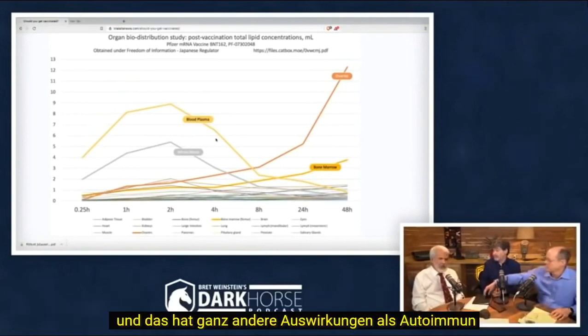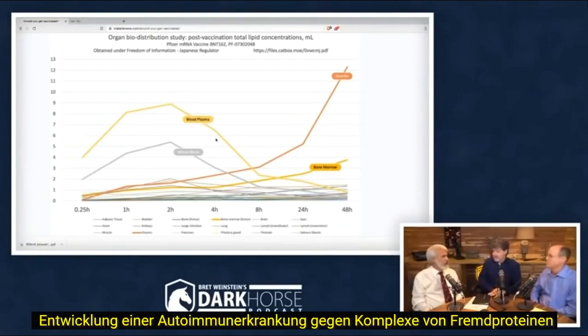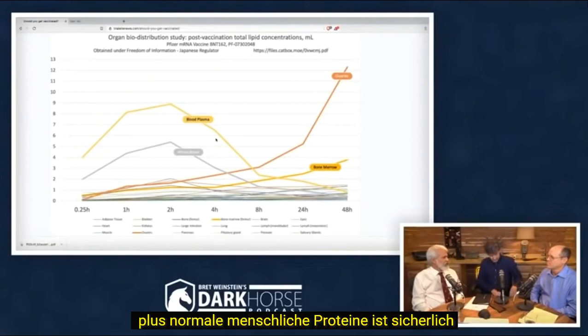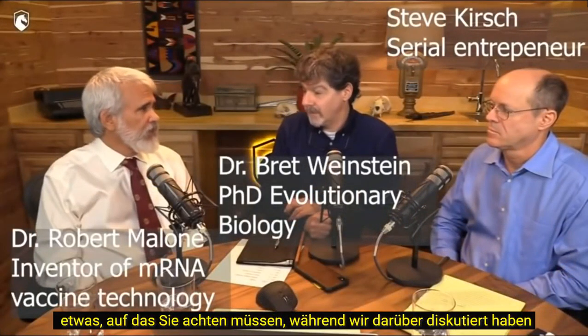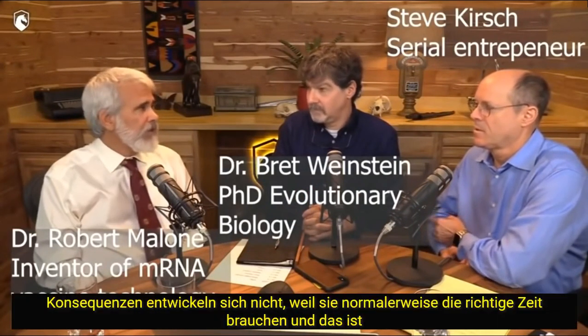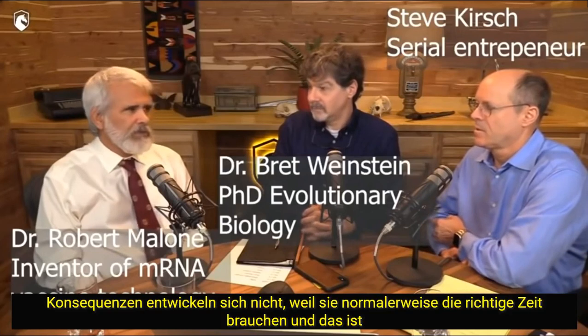And that has a whole other set of implications. Development of autoimmune disease against complexes of foreign protein plus normal human proteins is certainly something that you'd have to monitor for. That's part of the reason why you typically want a 2 to 3 year follow-up period on the initial group of phase 3 patients to make sure that autoimmune consequences don't develop, because they typically take time.